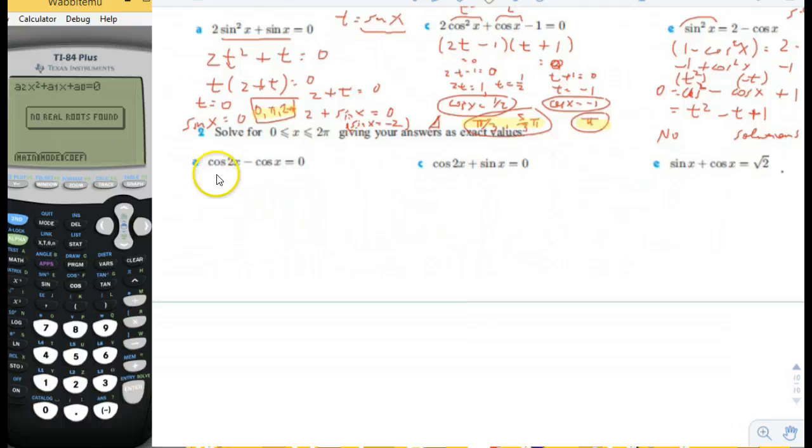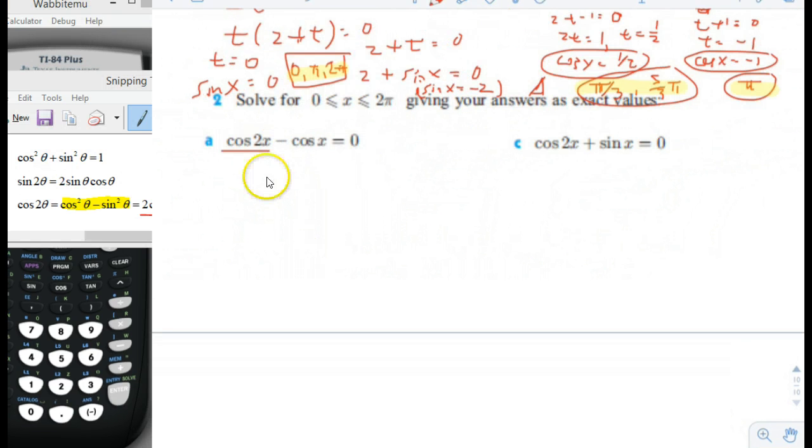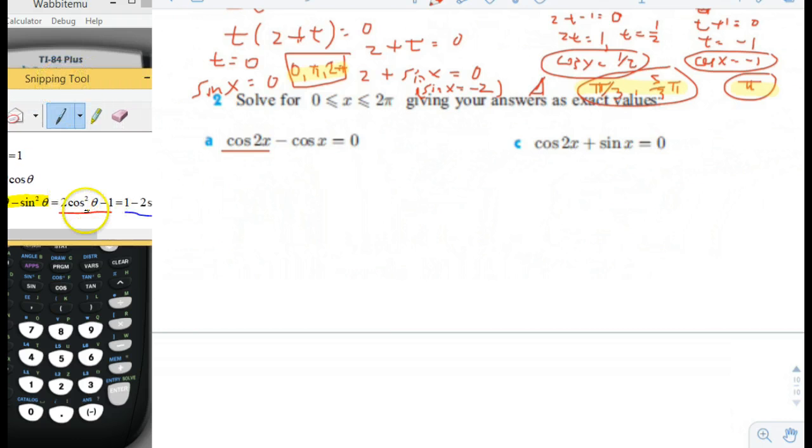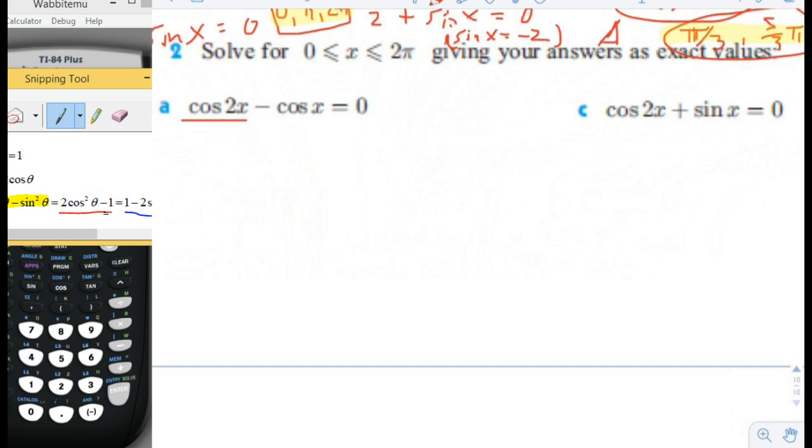Okay, finally 2a. Cosine of 2x minus cosine of x equals 0. First, we're going to have to change cosine of 2x to a sine or cosine with just x in it, so we would use one of the double angle identities. Let's see, we would want to use one with just cosines in it, like that one. Okay, so we're going to substitute in 2 cosine squared x minus 1.